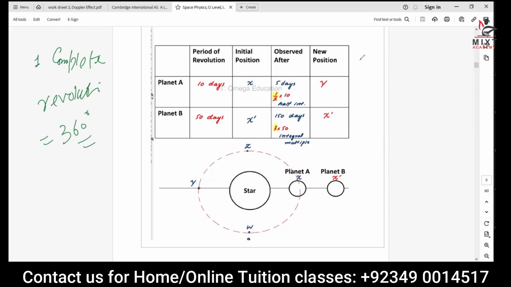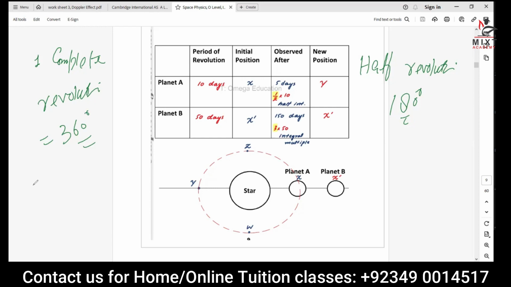And half revolution is 180 degrees. Please keep this information. Similarly, 1/4 revolution is 90 degrees. Similarly, 3/4 revolution is 270 degrees.